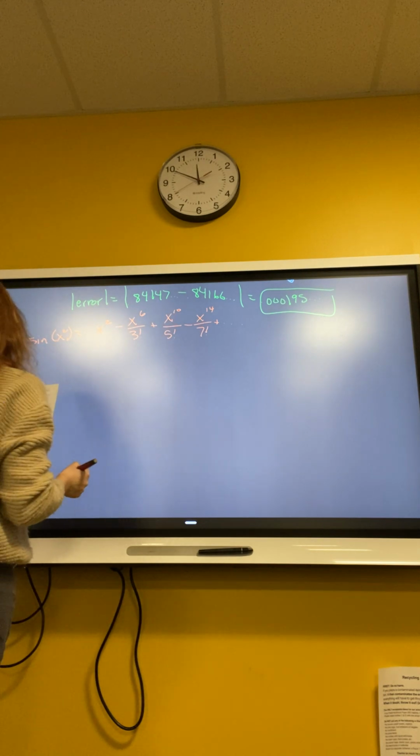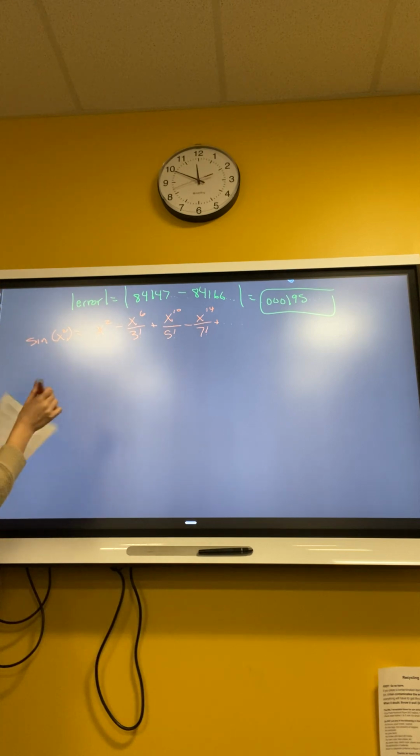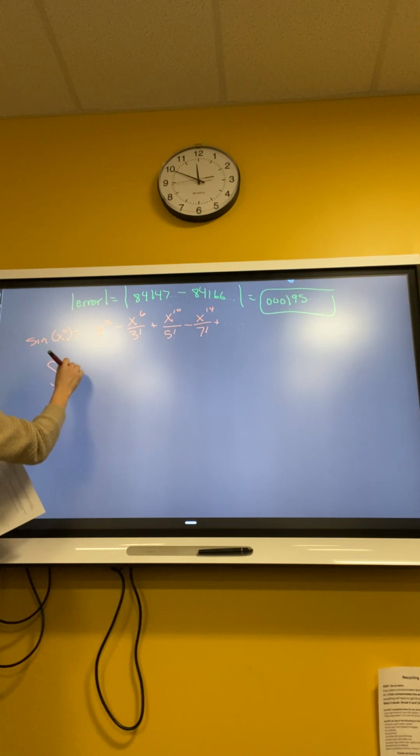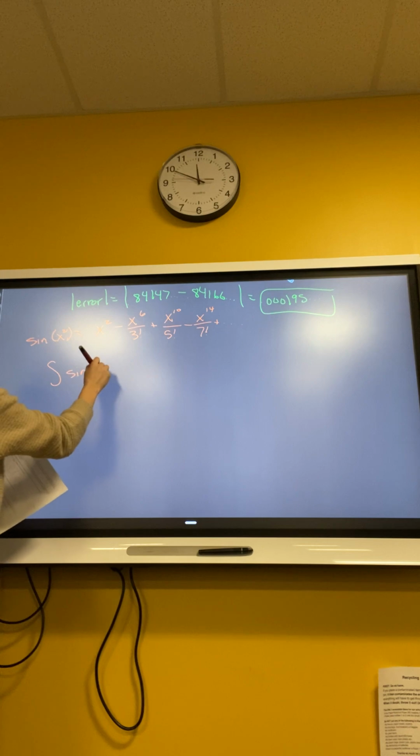Okay, and so I can integrate this because I can integrate each piece of it, right? So find the antiderivative for sine of x squared. That's the first thing they want us to do.